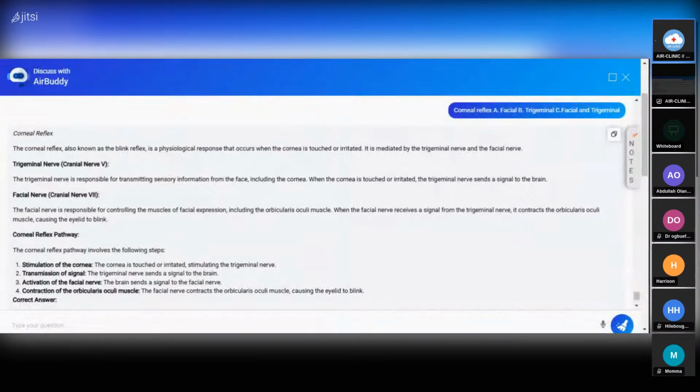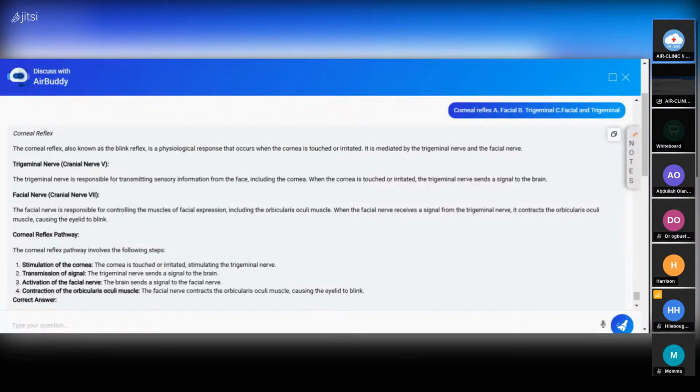We said that it has three major branches. The first is the ophthalmic branch, which supplies from the lateral epicanthus, the angle of the eyes, up to the forehead area. Everything there is supplied by that ophthalmic branch.